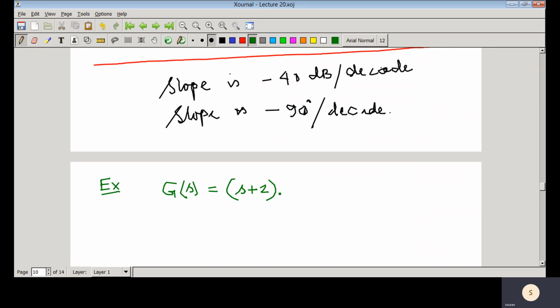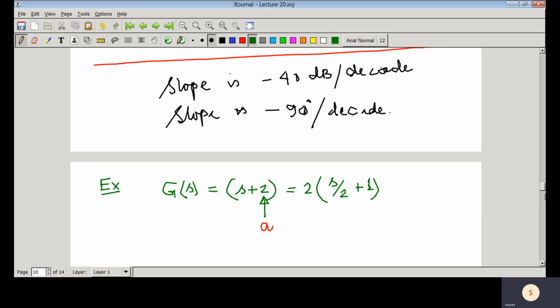Then what would be its Bode plot? As we know, we need to represent it. So here this is the factor, and here this is that a, and we can represent it as 2 times s by 2 plus 1.